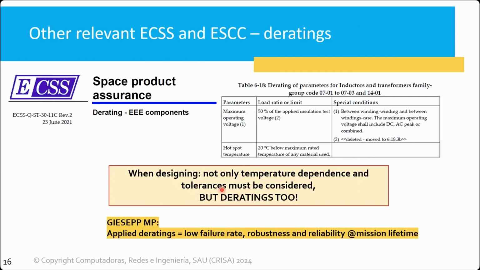When we are designing a magnetic component for a ground application, we just take care of the temperature dependence and the tolerances of the manufacturers and so on. But when we are designing for space, we have to meet these ratings in order to ensure enough quality. In particular, for magnetic components, we have to be careful about the maximum operating voltage and the hot spot temperature. So basically, we need to add additional margins to our design in order to make it reliable.